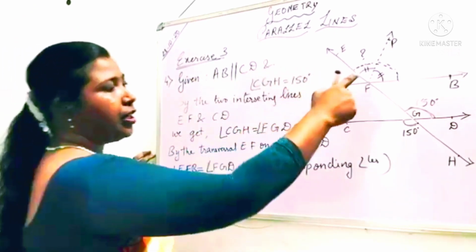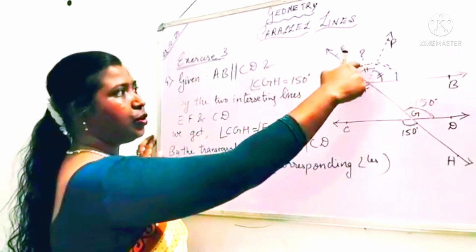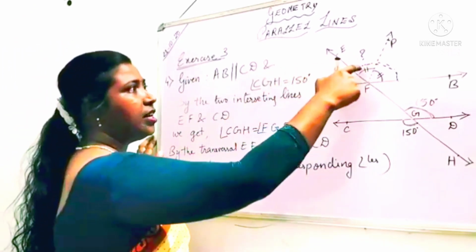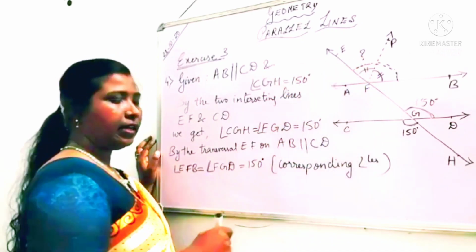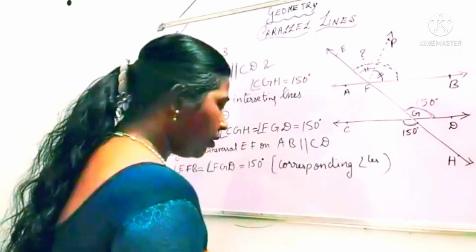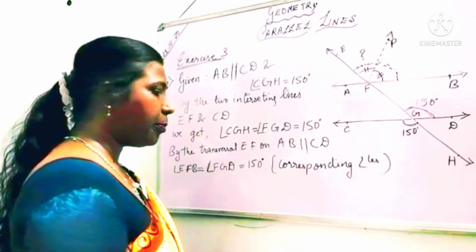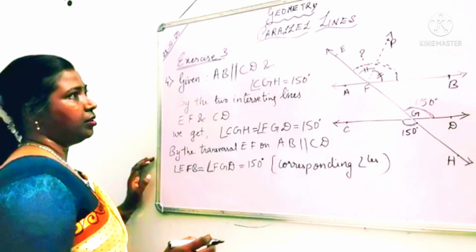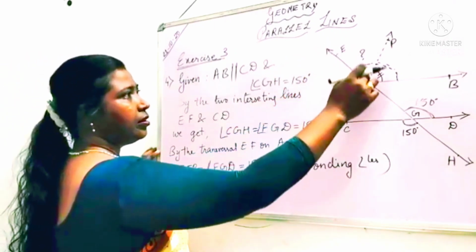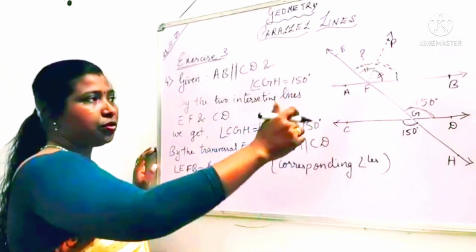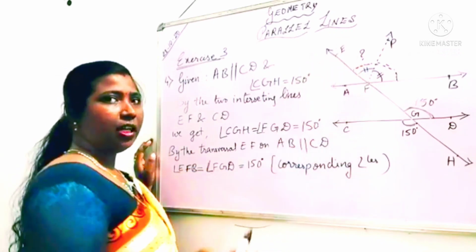Now one more condition: if you see that an equal sign is given, that means both these angles are equal. In the question it is already given that FP bisects EFB. FP is bisecting this, so both the angles are equal.